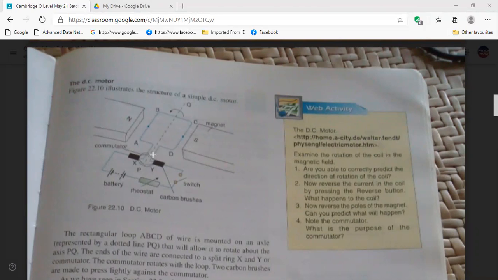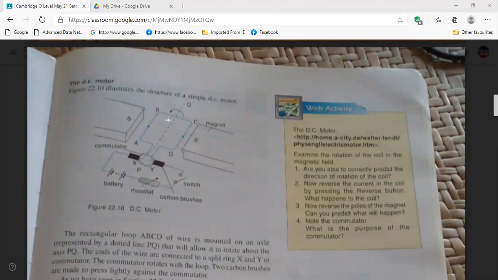Okay. Now we have this carbon brush connected to DC supply. It's a battery. And according to our need, we can increase or decrease the power supply. That means here we have a rheostat. So by increasing the resistance, we can control how much current we will pass through this motor.